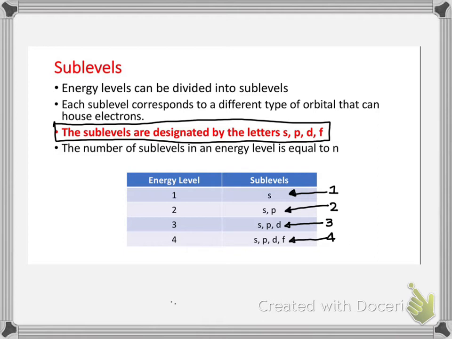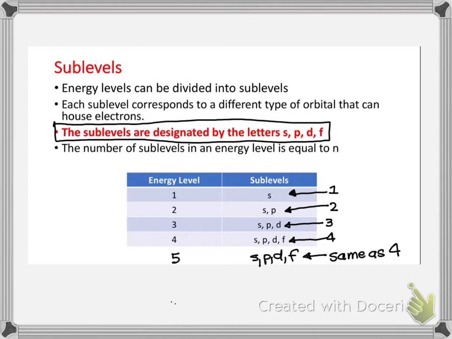Notice they always start with S every time you go to a new level, so everybody has an S. Then whatever level number you are, that's how many sublevels, S, P, D, F. It always starts with S, then adds P, then D, then F. If you had a level 5, there are still only 4 sublevels. Anything above 4, so even 5, 6, 7, would only have S, P, D, and F.